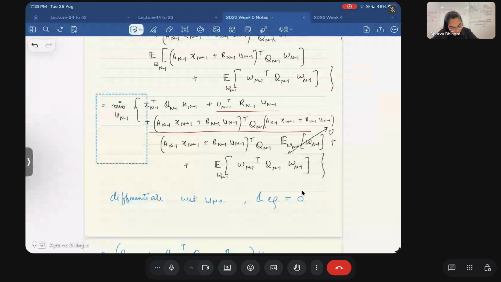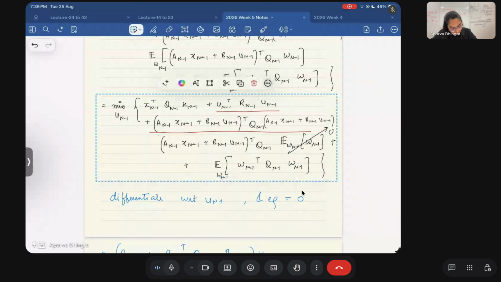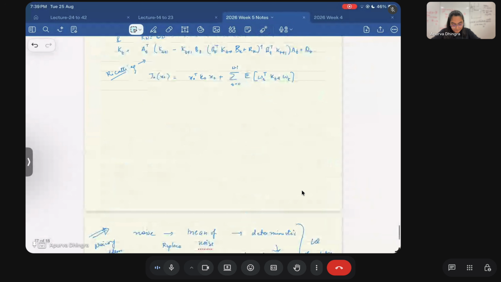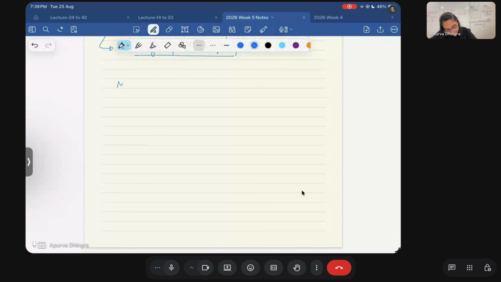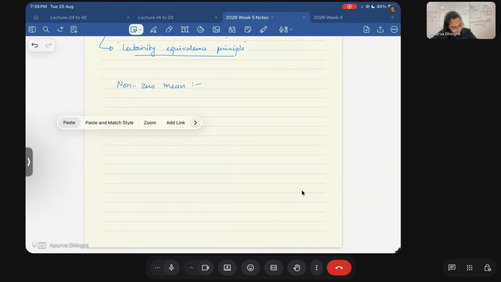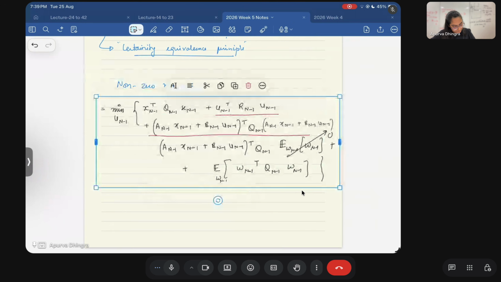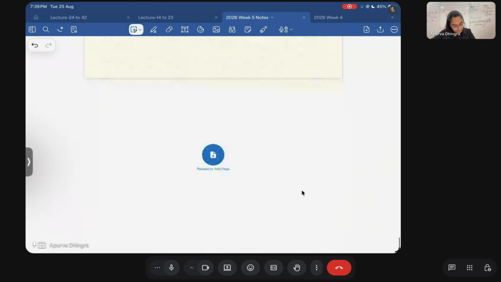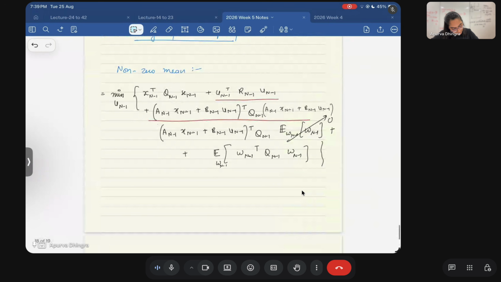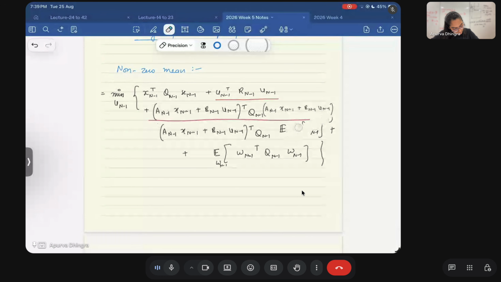So now I'm taking the case where the mean is not 0. Okay, if the mean is not 0, that means this will exist.